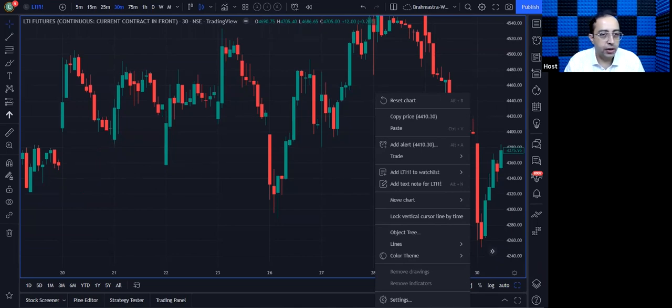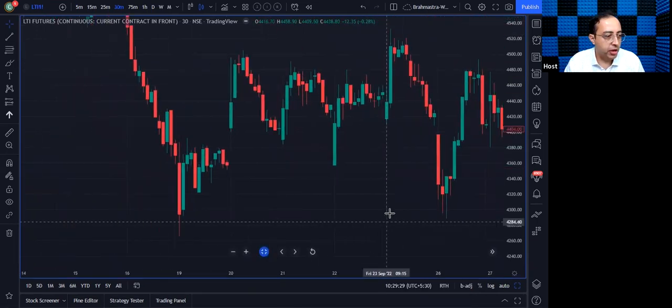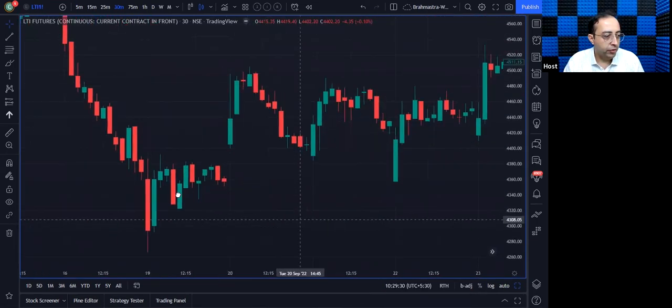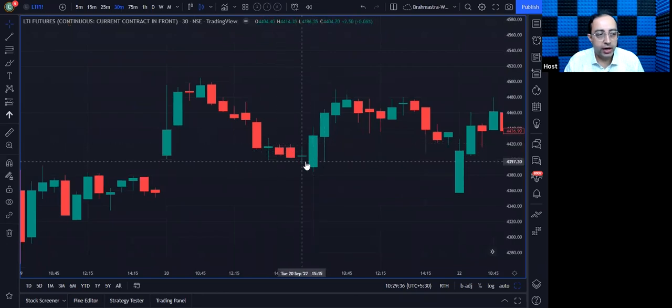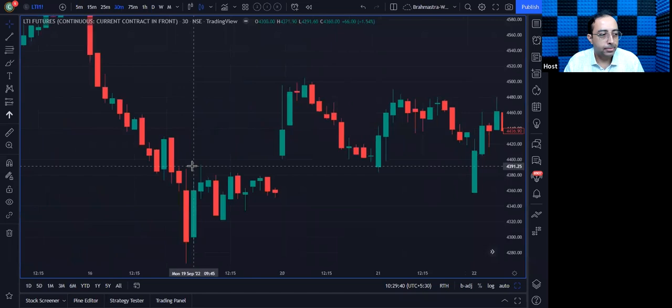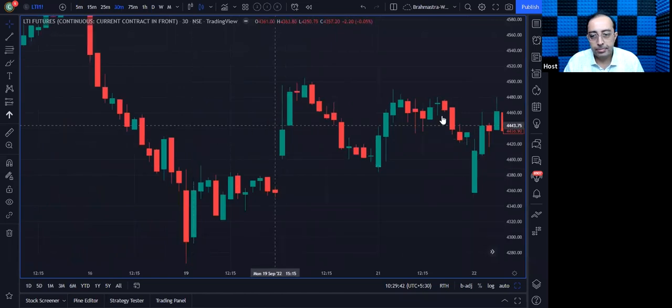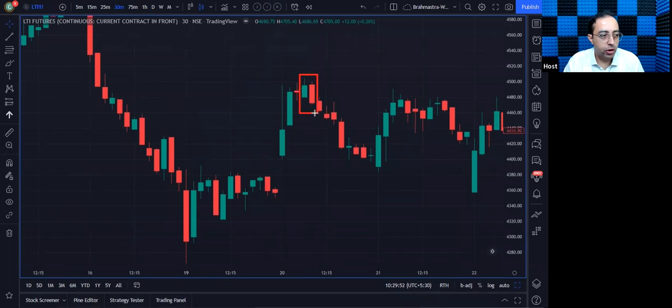Let me just go here. If you see here, there are two candles, but this candle is green. Now you can see all that, but now what is this?